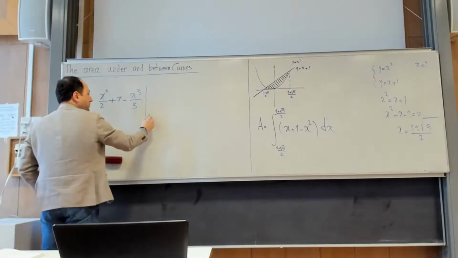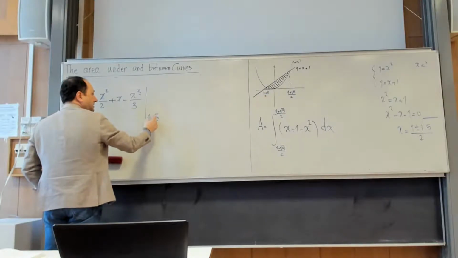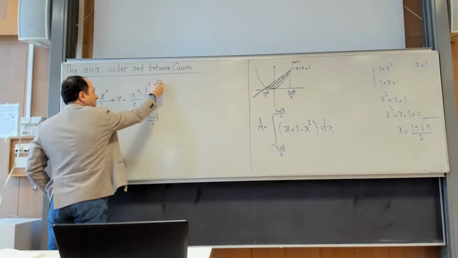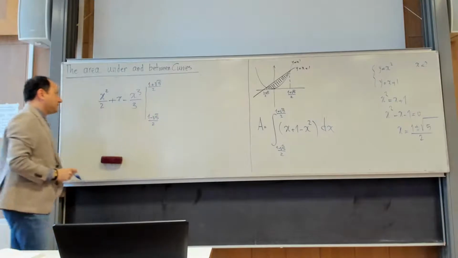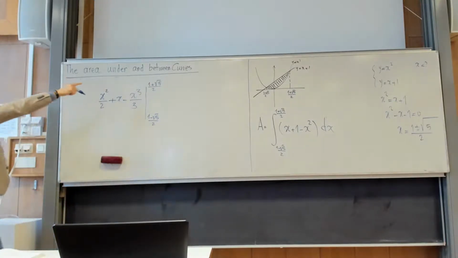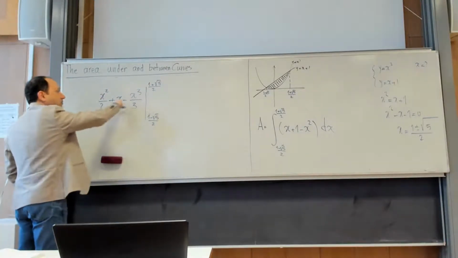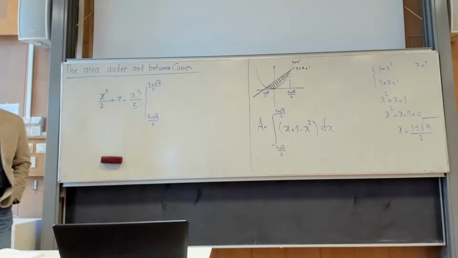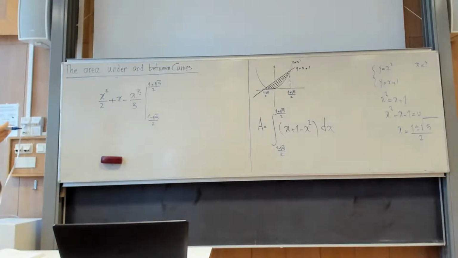In principle, you don't have any hard problems here, except that these numbers are a little bit nasty. So you need to put that number here, put that number there, and then subtract them. And of course, for you, that's not a big deal because you always use your calculator, yes? But if you want to find the exact value, do you know how to do that? Yeah, you need to do a lot of algebra.